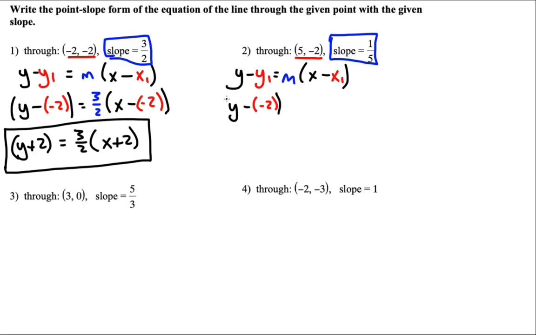that whole thing is going to equal my m, and my m is 1/5, and the 1/5 is times the quantity of x minus x1, which in this case is going to be x minus, and the x value is 5.